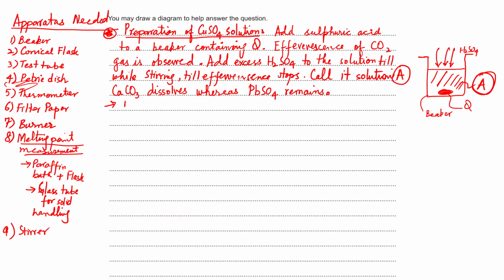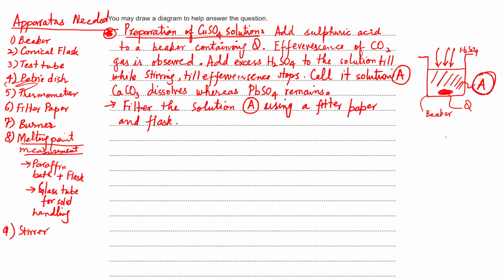So then the next part is filter the solution A using a filter paper and flask.